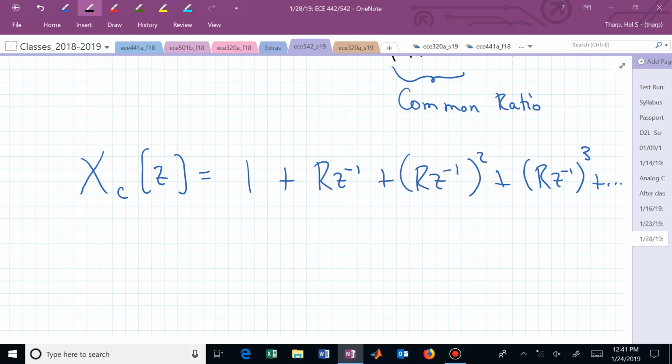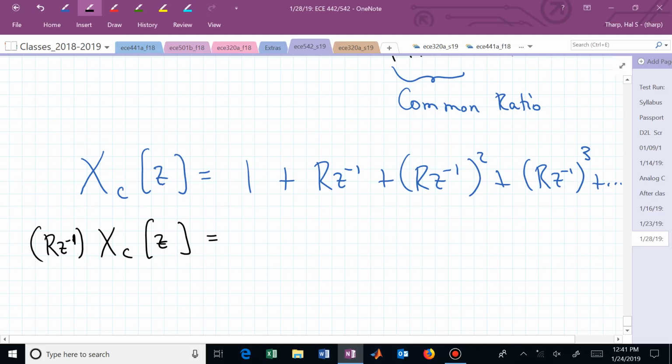We want to be able to basically cancel tails in these infinite sums, and we can do that by multiplying that same formula by the common ratio. One times that common ratio just gives us the common ratio, which is over here. And then we just raise it to higher and higher powers. And that gives us the same tail.